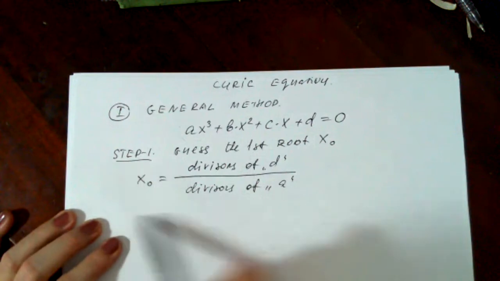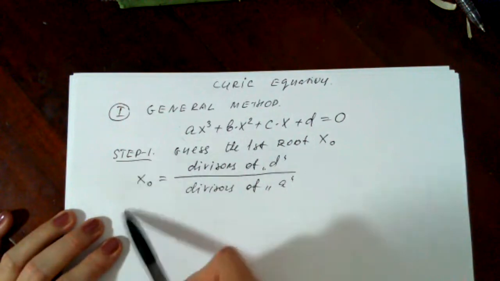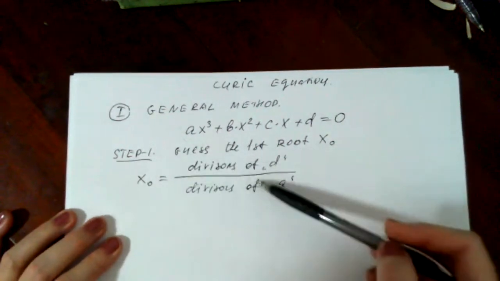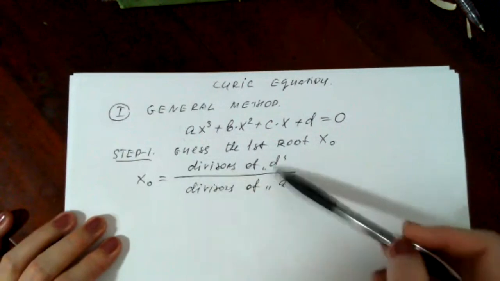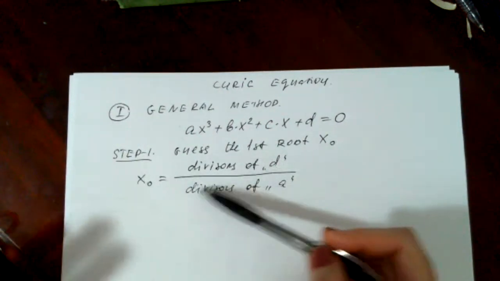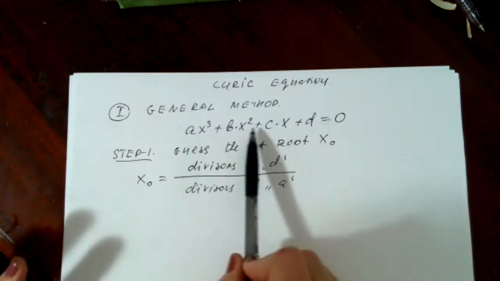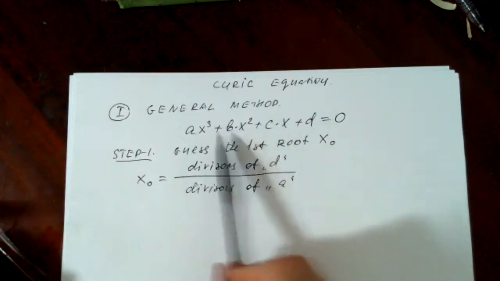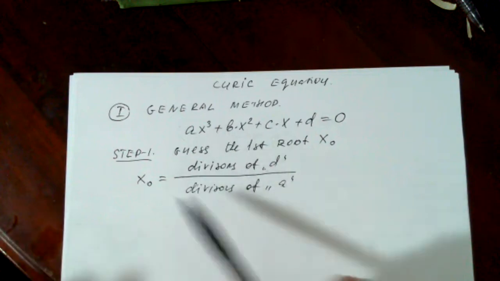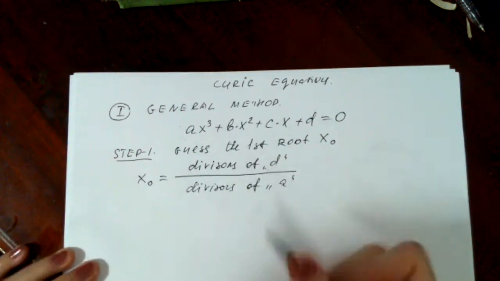So it will look like an educated guess. You still have to make several attempts to find the roots, but let's be inspired by the thought that if a nice root exists, some integer or maybe rational number, it's definitely among these numbers. So you will always guess these roots.